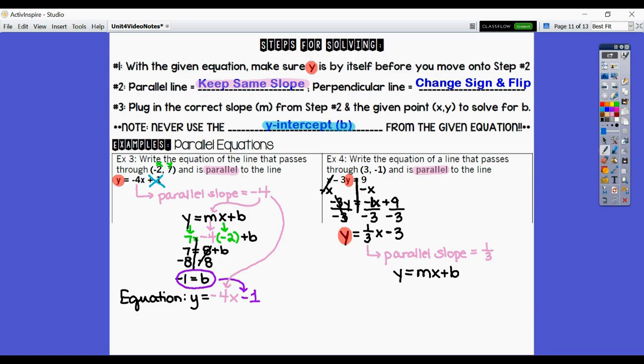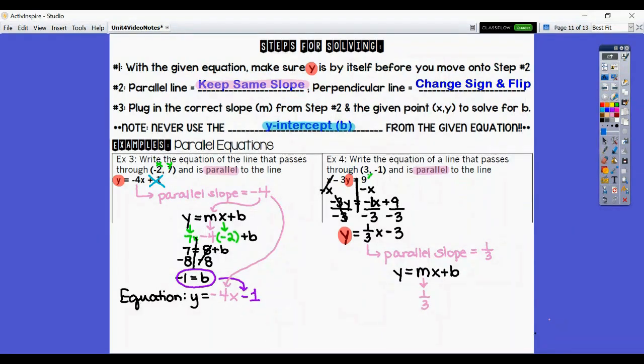This is on to step number 3 now, if we're kind of following the steps above. For the m, I go ahead and plug in my slope of 1/3 that I just got by itself. Into the x goes 3 because that's the x value of our point given. Into the y goes a -1 because that's the y value that was given. And then we have plus b.